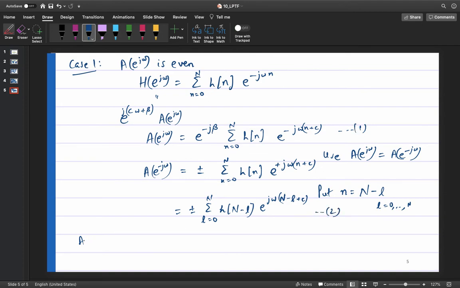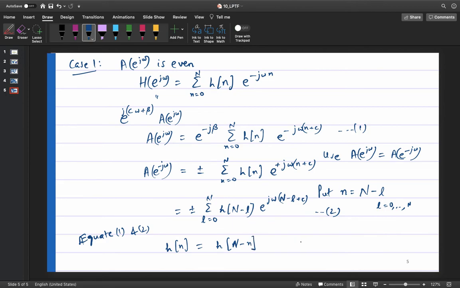So now equating 1 and 2, what do we get? We get h of n is equal to h of capital N minus n, let us replace L with n only because L is a dummy variable.